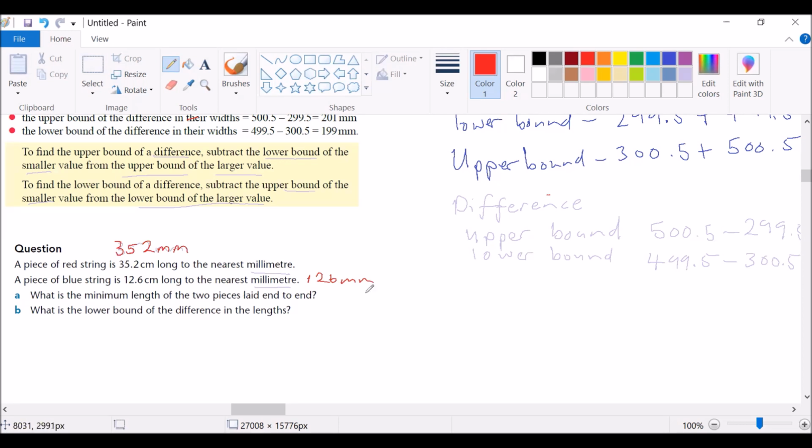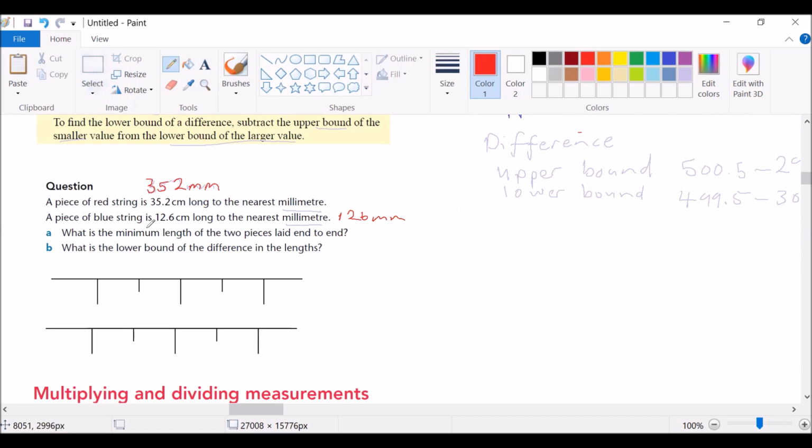So we are adding. Let's put our length on a number line. 35.2 centimeters, we'll have 352 there. The next is 353. Before 352 is 351. The lower bound of 352 is 351.5. The upper bound is 352.5.